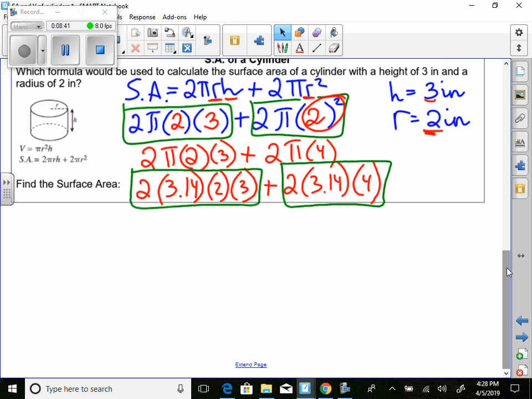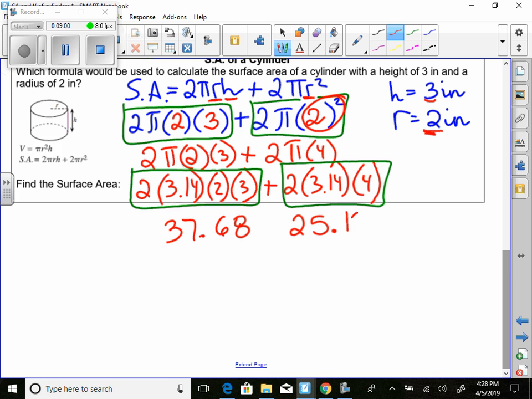So 2 times 3.14 times 2 times 3 is 37.68. The second set of multiplication, 2 times 3.14 times 4, gives us 25.12.